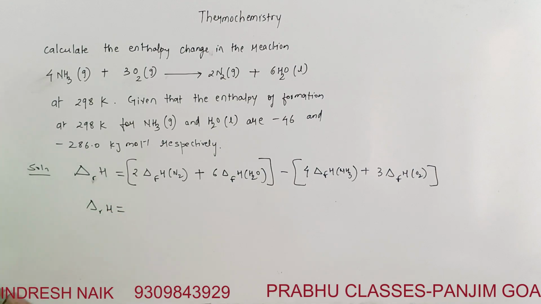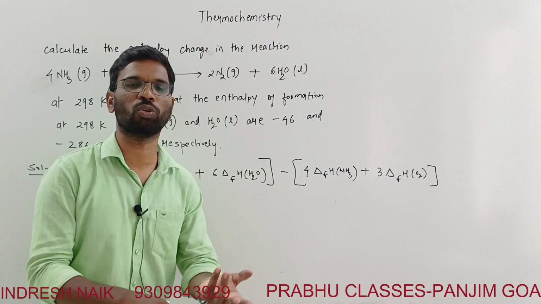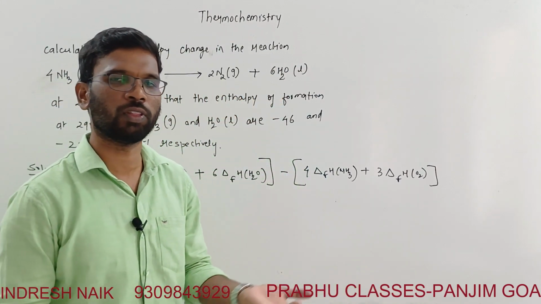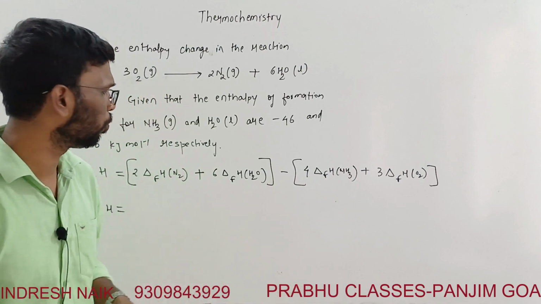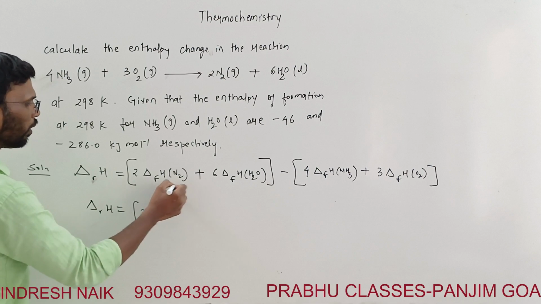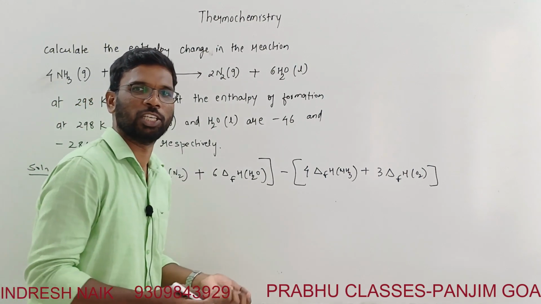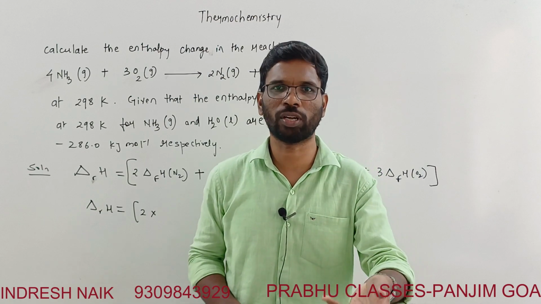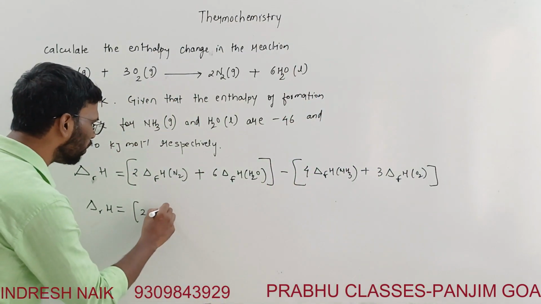Whether heat is released or absorbed, we'll get to know only after looking at whether the value is positive or negative. So here, the enthalpy of formation of nitrogen, you tell me how much it is. The answer: nitrogen is in the free or natural state, so that is equal to 0, although that value is not given.